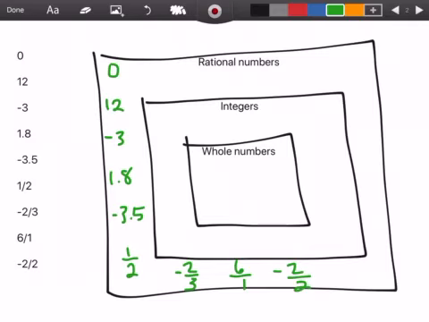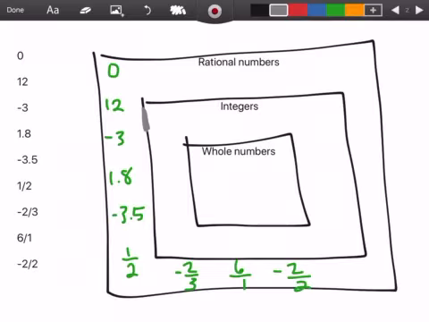So I pretend like there is a gate right here, and only certain numbers can pass through that gate. And those are the numbers that are also classified as integers. So those would be numbers that are positive or negative and that are whole. Okay, so we don't want fractions or decimals unless that fraction can be simplified to a whole number.